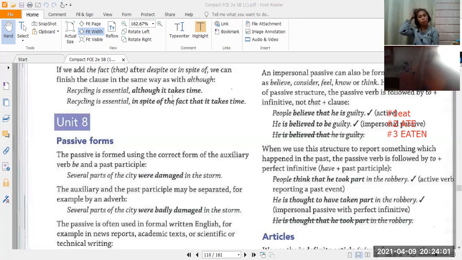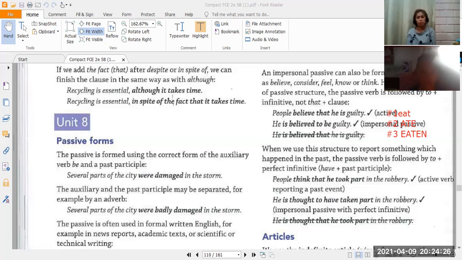Number 2, the person who does the action is not known or not important. This beautiful bridge was built in 1732. Okay, that's passive. Who built the bridge? It's not important or I don't know.